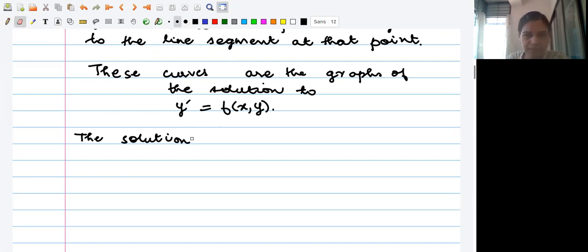Well, not actually the solution curve, the graph of the solution. Let me be a little careful here.